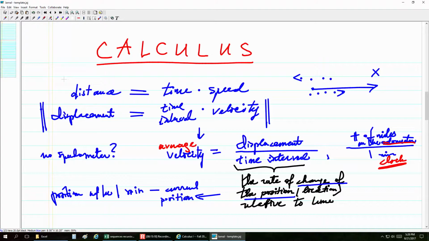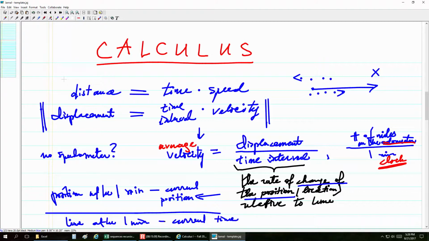That is the numerator, and the denominator is the time. If you have a clock, you can record 1 minute, or you can just record the time: time after 1 minute minus current time, and of course that is 1 minute, unless you want to do something else.